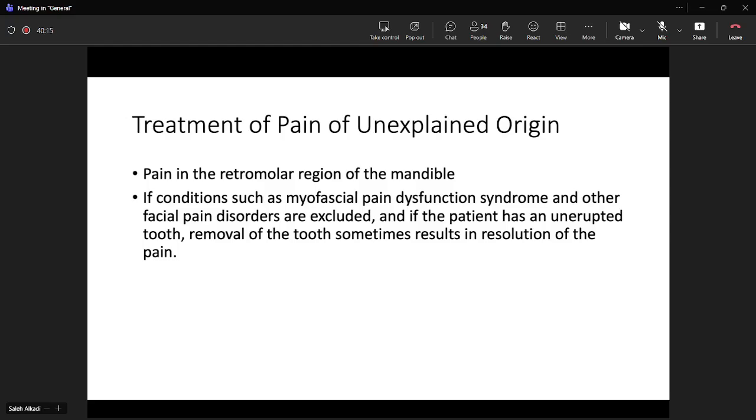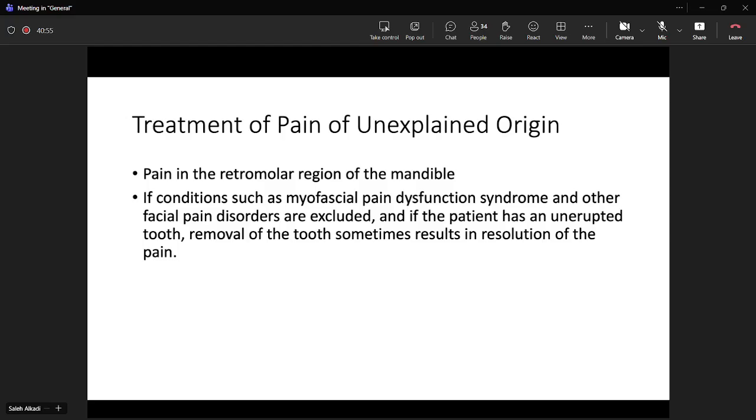Okay, so one of the indications for removal of impacted wisdom teeth is treatment of pain of unexplained origin. A patient presents with pain or facial pain, you do all your diagnosis, give the patient the available medications, try mouth guards, Botox injections, everything, and the patient is still feeling pain, not improving, and you have an impacted tooth there, either an impacted maxillary wisdom tooth or mandibular tooth, then put it as an option of treatment to extract this tooth.